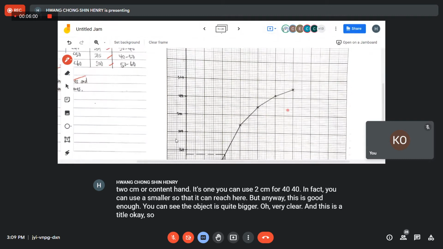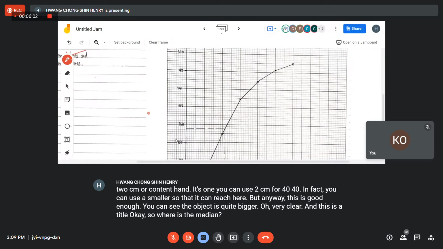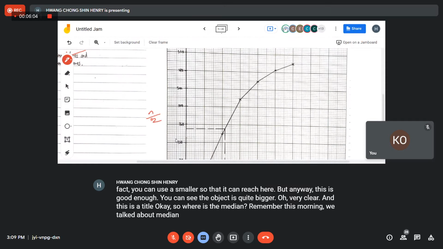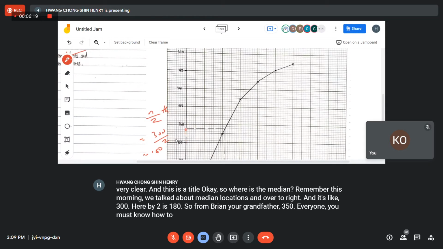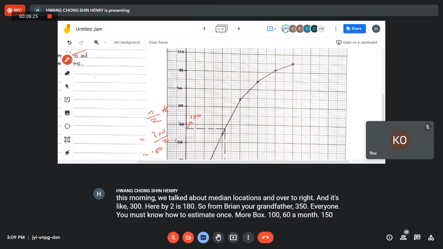So where is your median? Remember this morning we talked about the median location, n/2, right? N is 300, divided by 2 is 150. So from Brian's graph, 150. Everyone, you must know how to estimate one small box. So 150, 160 here, approximately 150.